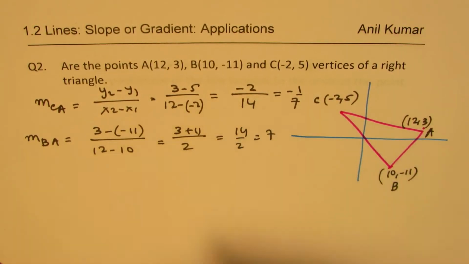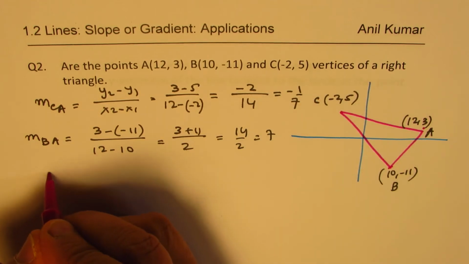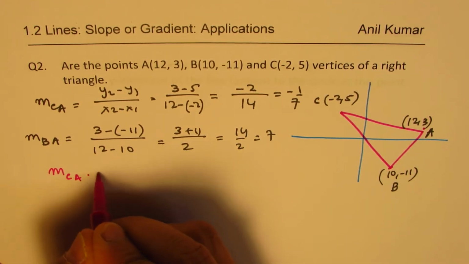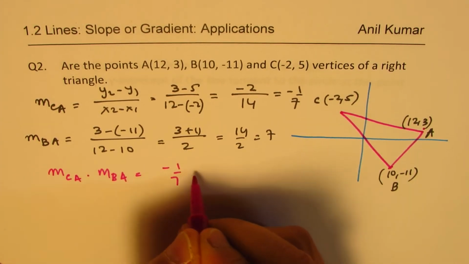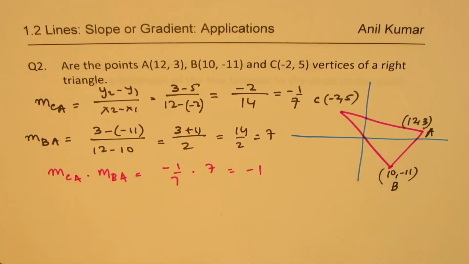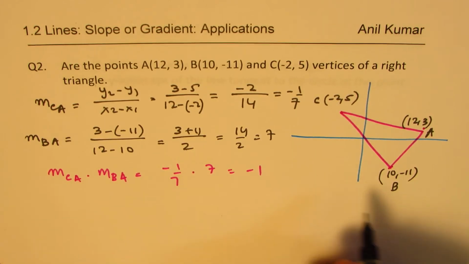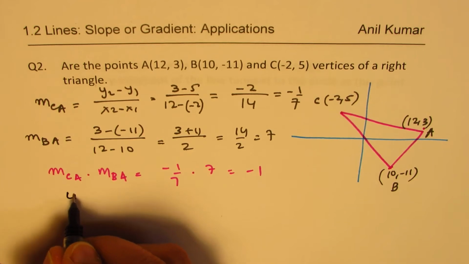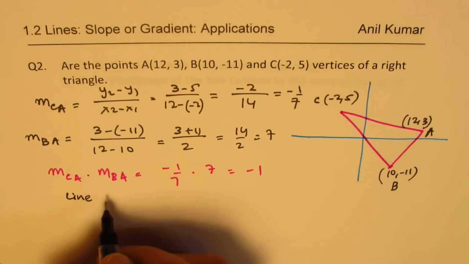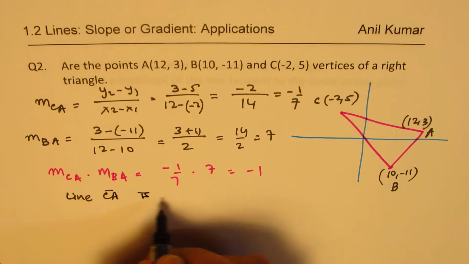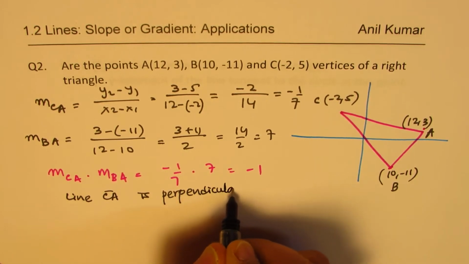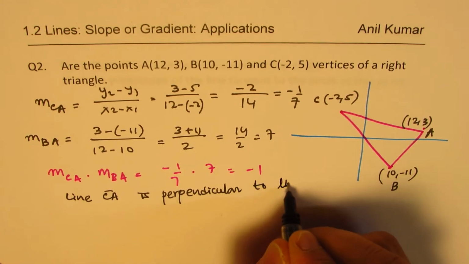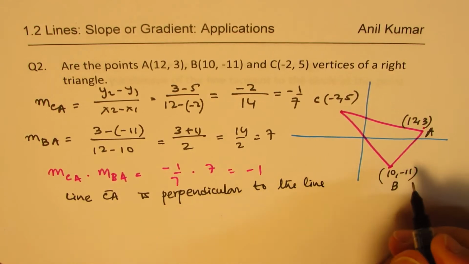Okay, so what do you notice here? You notice that the slope MCA times MBA is how much? Well, it is minus 1 over 7 times 7, which is minus 1. Now, since the product of slopes is negative 1, we can say that the line CA is perpendicular to the line BA.